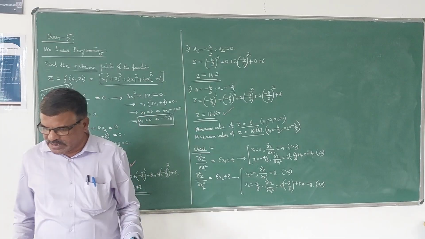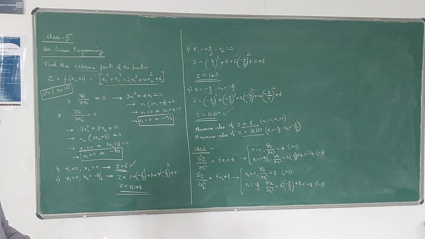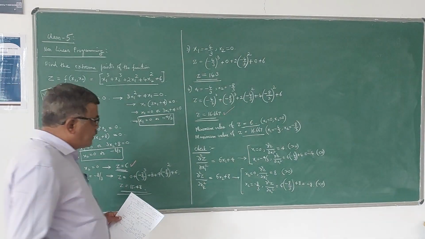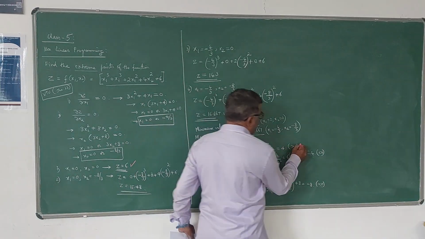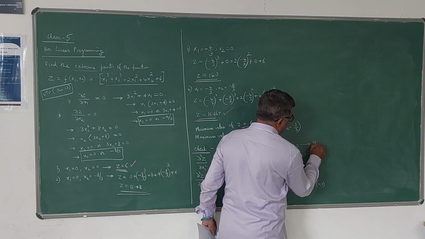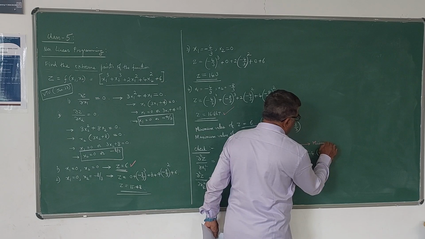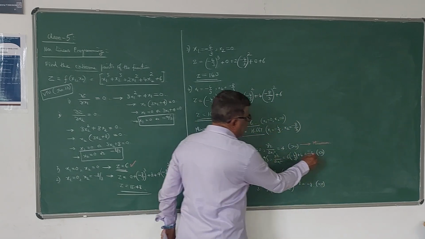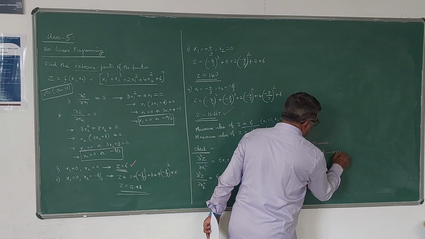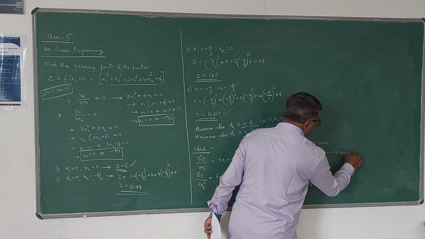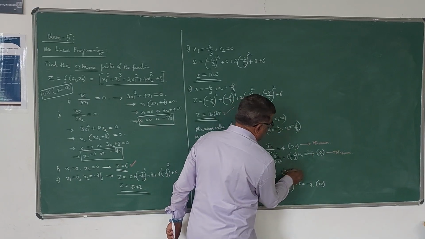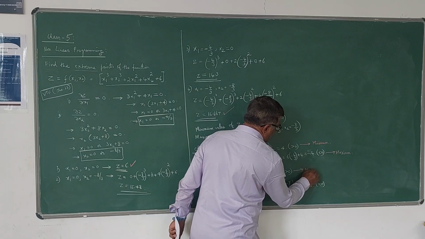Now if you observe these, since this is positive, you can expect a minimum value here. Since this is negative, you can expect a maximum value. Since it is positive here, once again you can expect a minimum value.